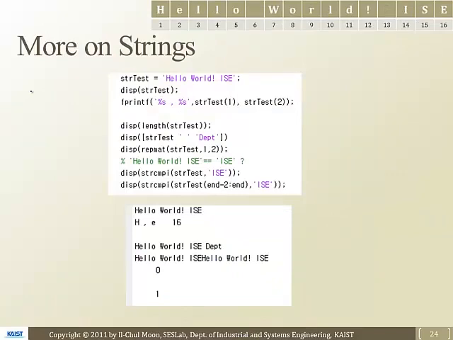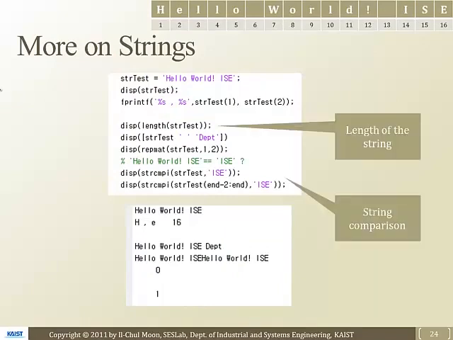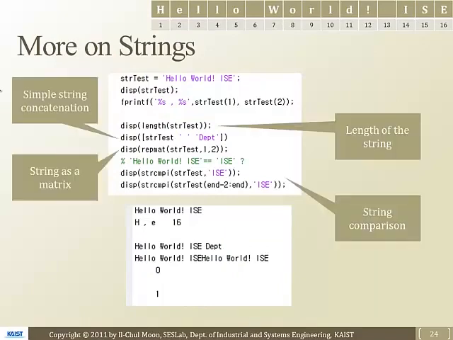And some more on these things. So actually this is quite easy. We declared a string variable here and we displayed it for test purposes. And then string test 1, string test 2: 1 is H and 2 is E. H and E, right? And then you are going to display the length. So there is a new function called length.